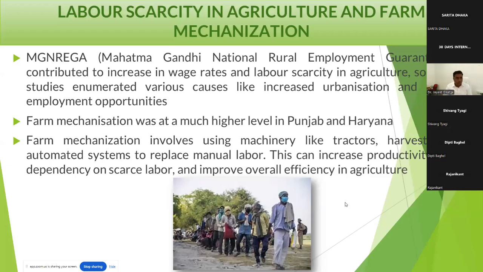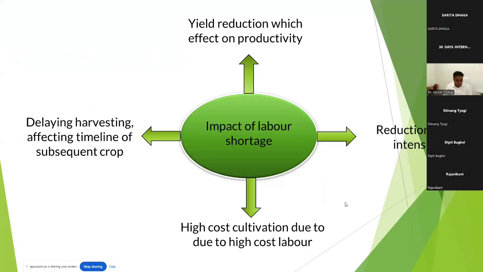If you see the impact of labor shortage in agriculture, there is yield reduction due to delayed planting and harvesting.